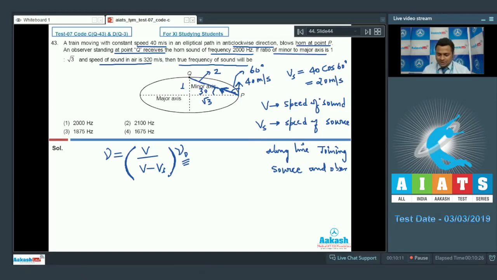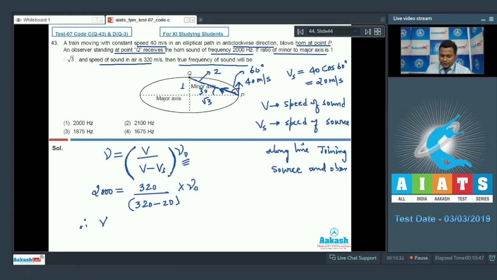Let us plug all these values in the expression. Nu, the observed frequency, is given as 2000, multiplied by V, which is 320, divided by 320 minus Vs, that is 20, multiplied by the true frequency, which we have to calculate, nu naught.